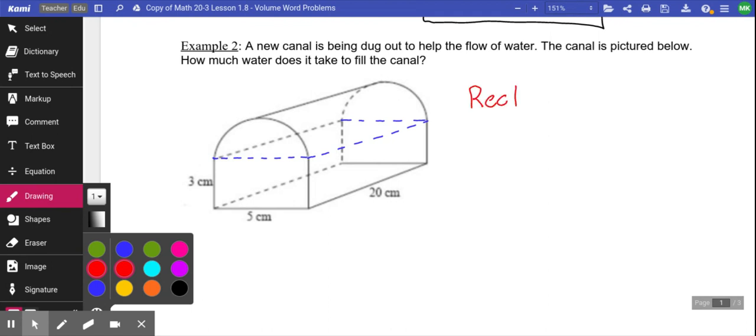So if you want to figure out this entire thing, what you want to do is calculate the volume of that rectangular prism, and then add the volume of that half cylinder on the top.